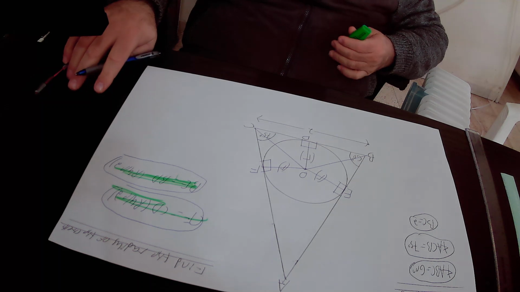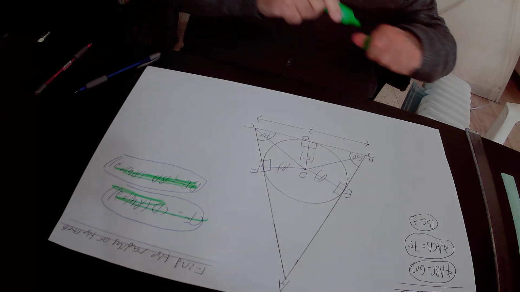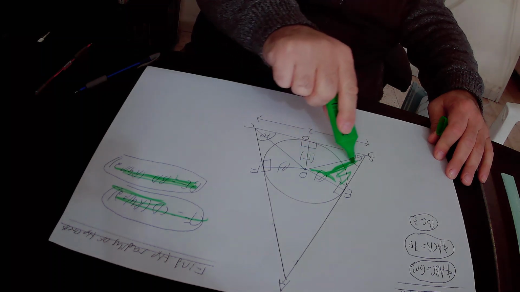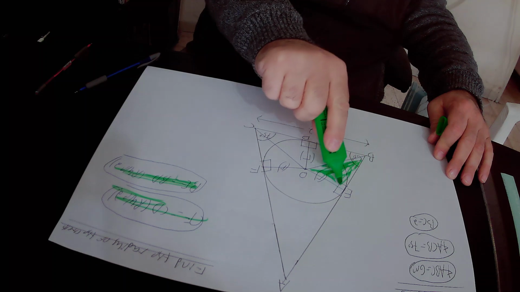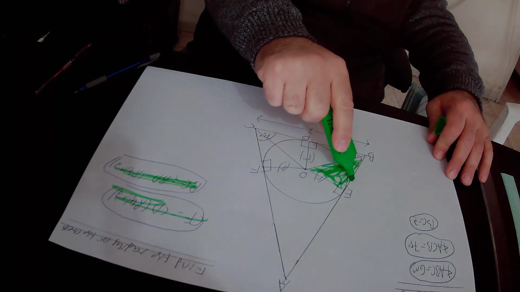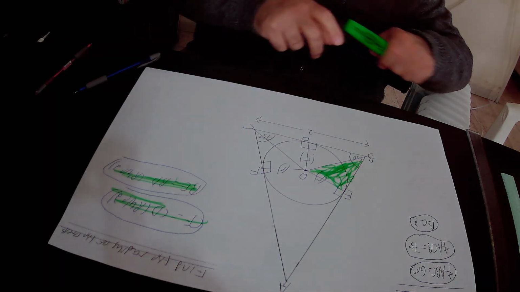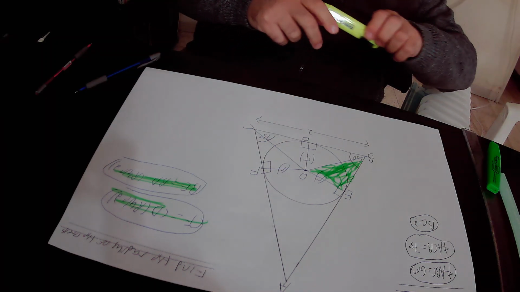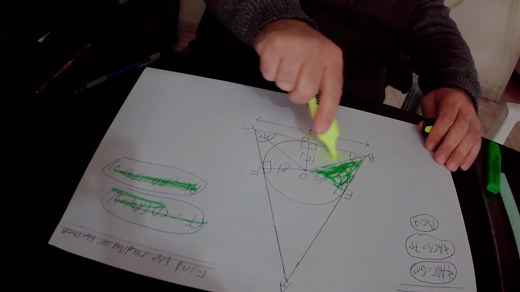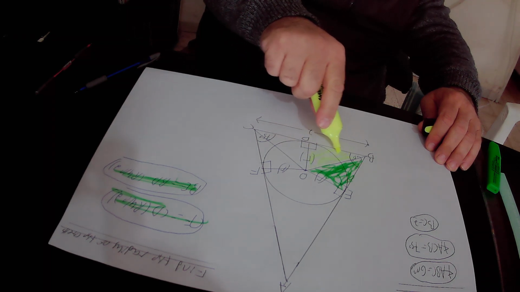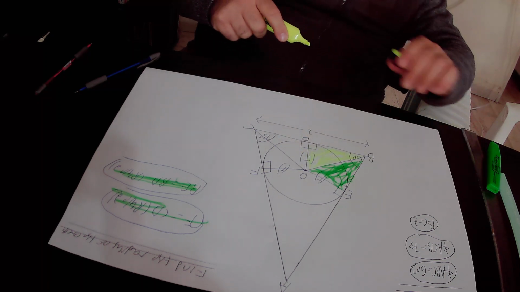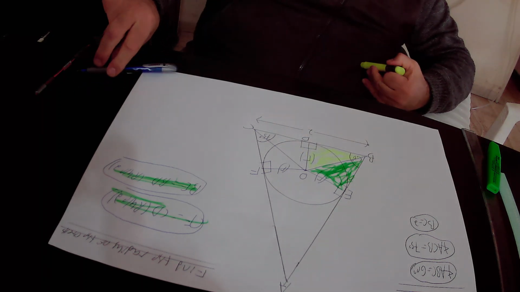And we will prove that the green right triangle EOB is congruent to the yellow triangle ODB. Okay, again, we prove that the green triangle is congruent to the yellow triangle. So I write it down.